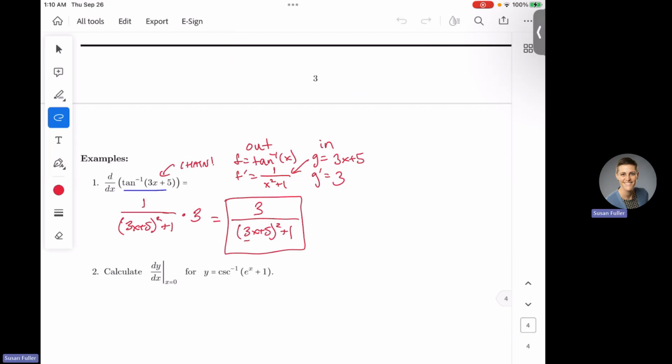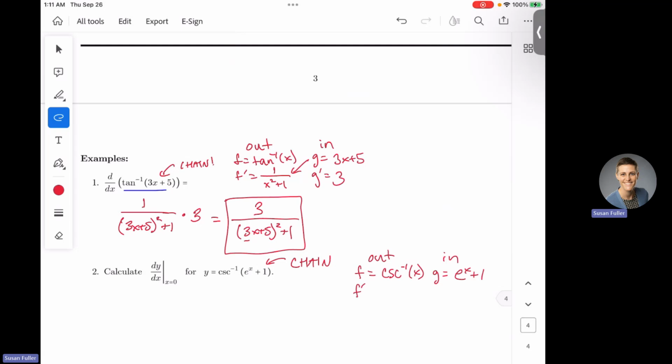Sorry, my pen stopped working there for a second. There we go. We're going to apply the chain rule. And so you're going to do your outside function and call it f. You're going to do your inside function and call it g. Your inside function should be e to the x plus 1. Your outside function will be the inverse cosecant of x.